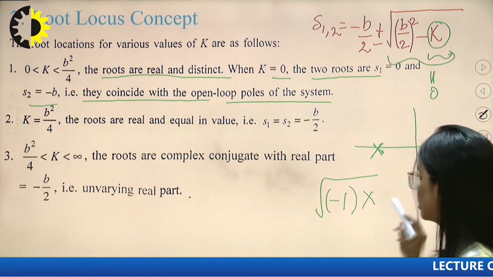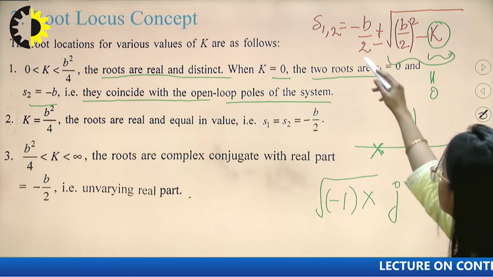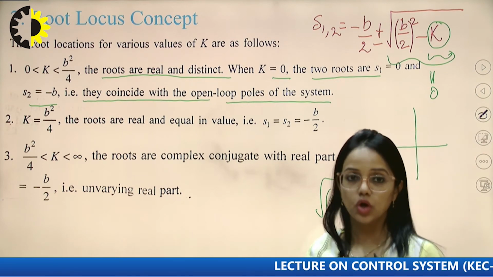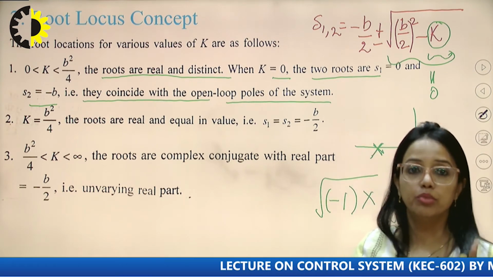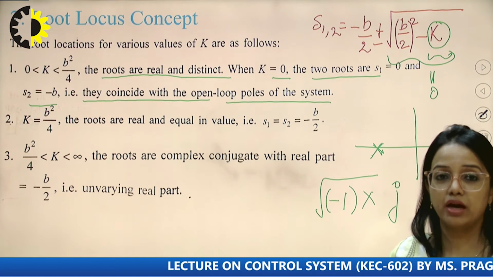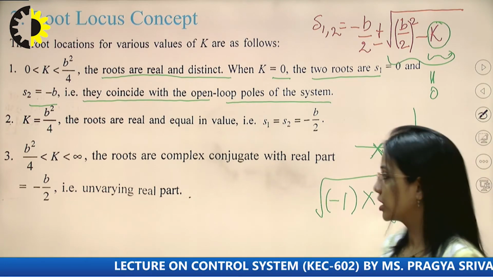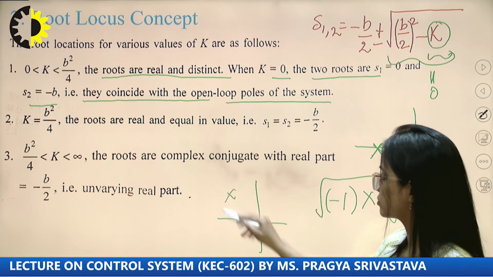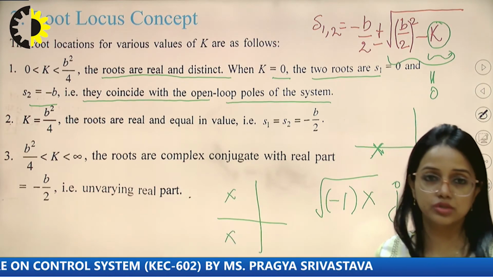So the second term would be imaginary, and adding to that, we'll be having two complex conjugate poles, and both the poles will have the real part as negative. So in that equation, we will be having two roots like this.